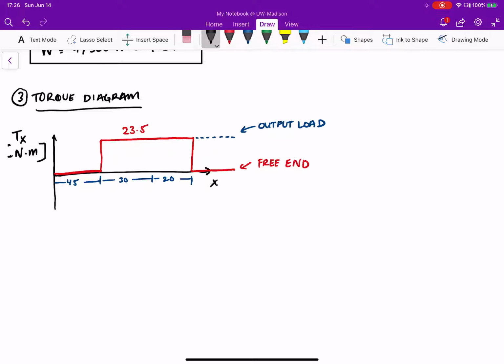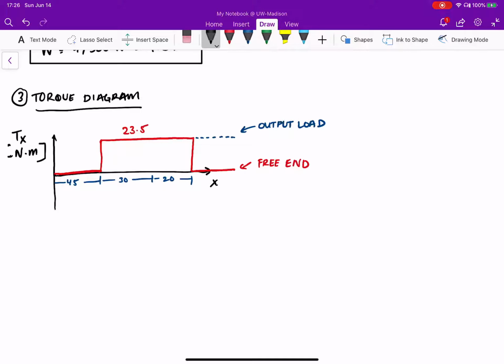This is something I don't think you cover in ME 306, Mechanics of Materials, but it's helpful to know where you're going to experience torsion, or shear stress due to torsion, in your shaft. This will help later when we're designing, and even when we're drawing more circles where we have a shear stress and a normal stress, and we need to map it to figure out what the maximum stresses could be at that point. So this is the torque diagram.